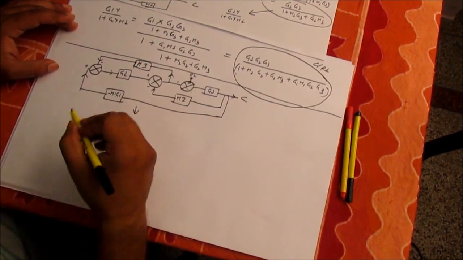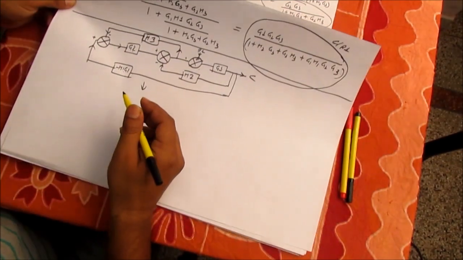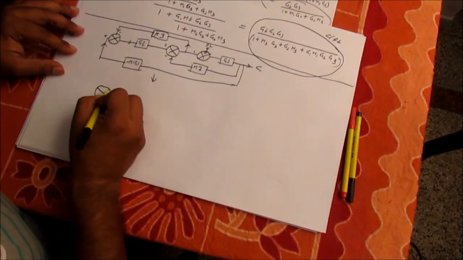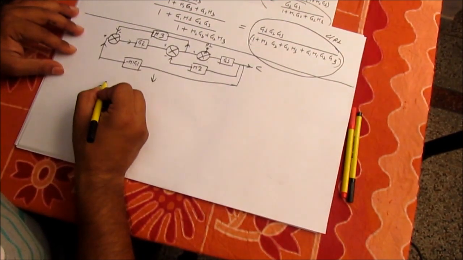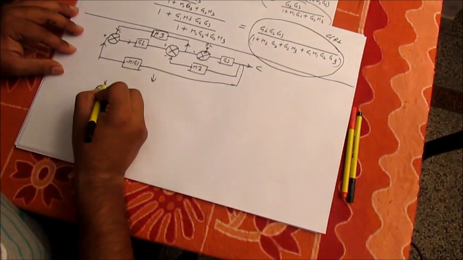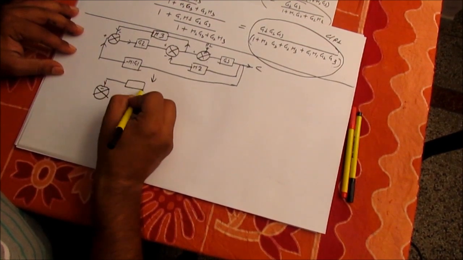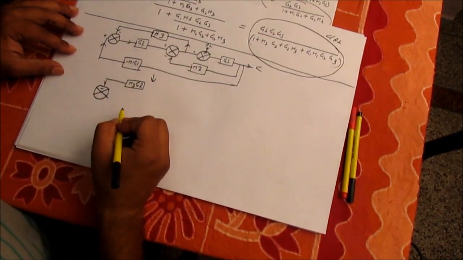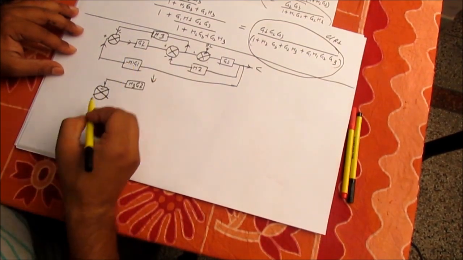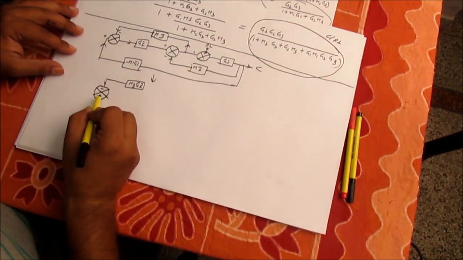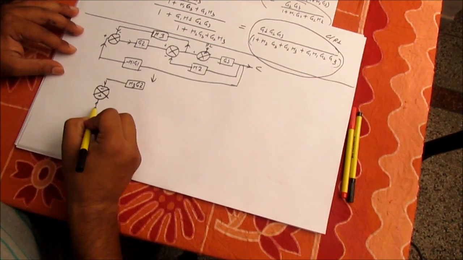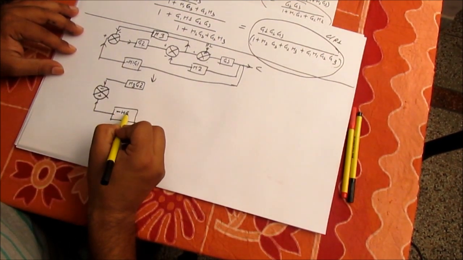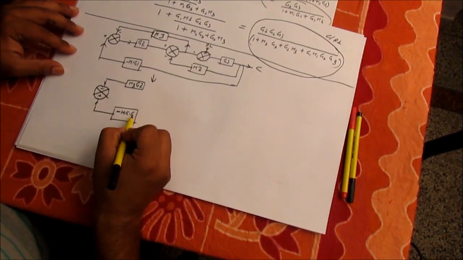So I will redraw it. This one is the minus sign here and this one is S3, so it is reduced to S3 G2, and I have placed this H2 here, so here it is a plus sign and we have here minus H1 G1 G2.